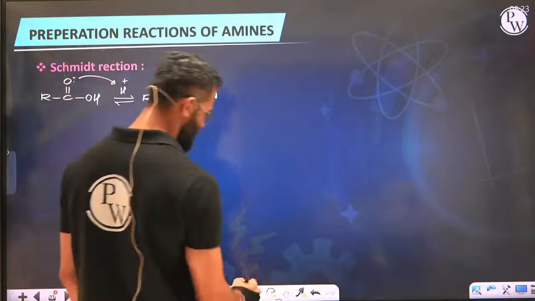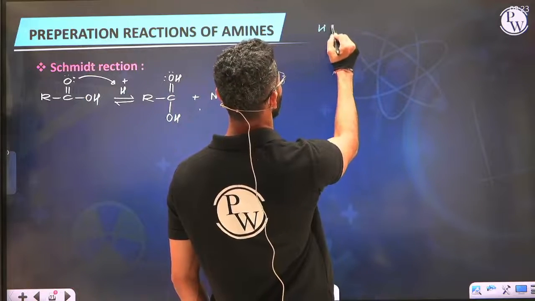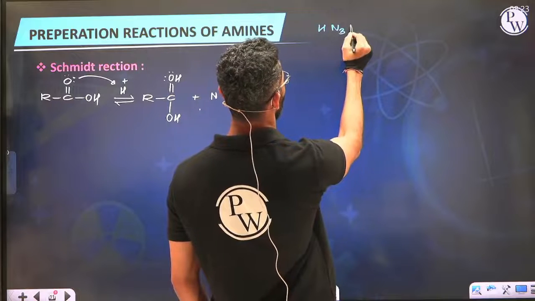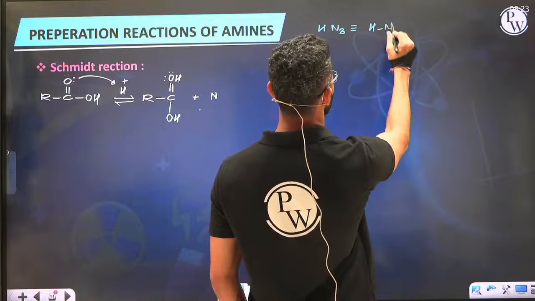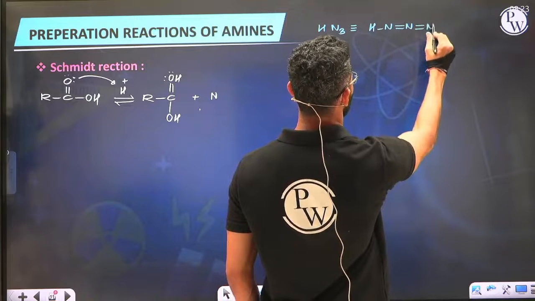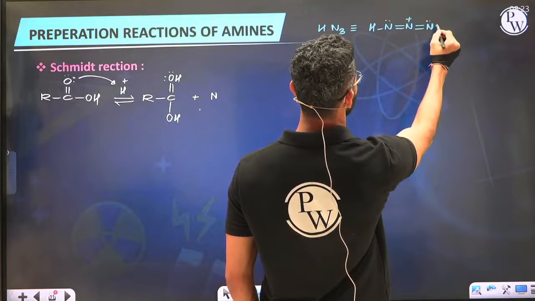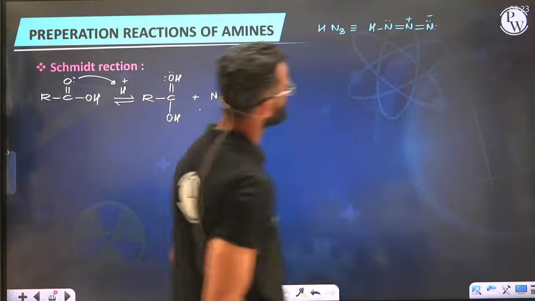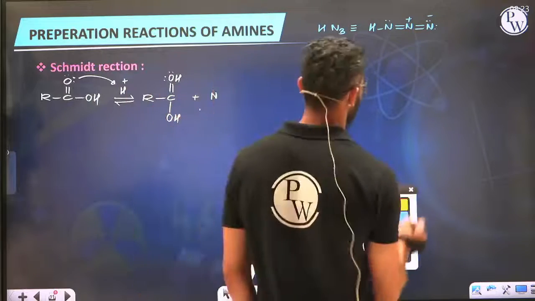And now hydrazoic acid, well, structurally hydrazoic acid you write like this, HN3. Its Lewis structure can be represented like this. This is a neutral N, this is electron rich N. If you draw its precise Lewis structure, you can show it this way.